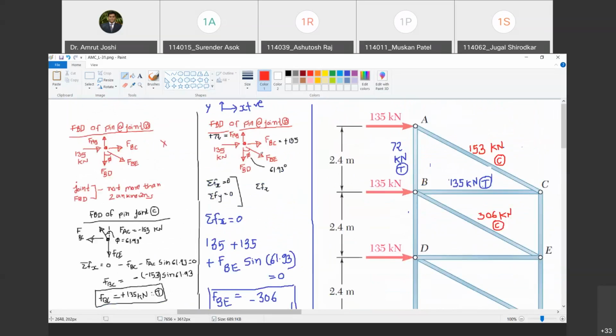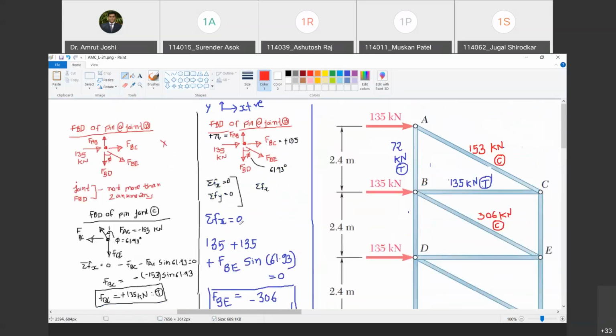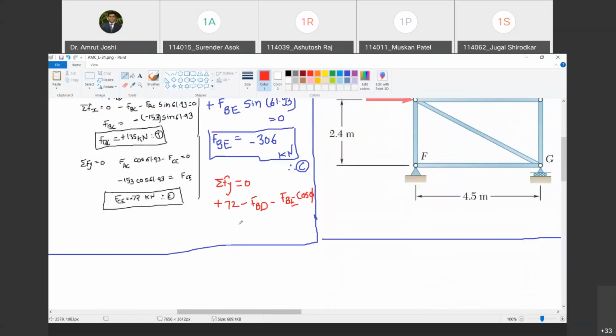Then FBE cos phi, therefore minus FBE into cos of phi. The value of phi is 61.93, and the value of FBE is minus 306. Is there any other force in the vertical direction? No. So this has to be equal to 0.